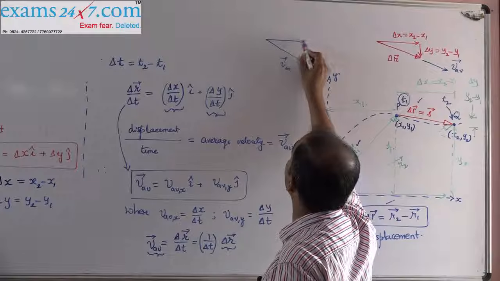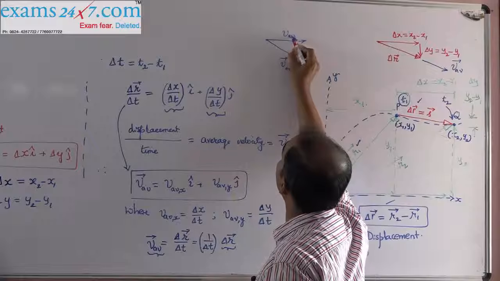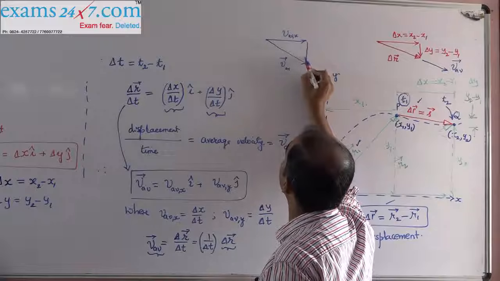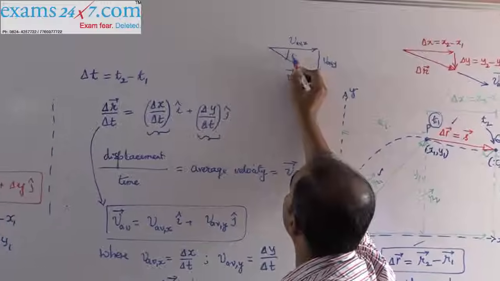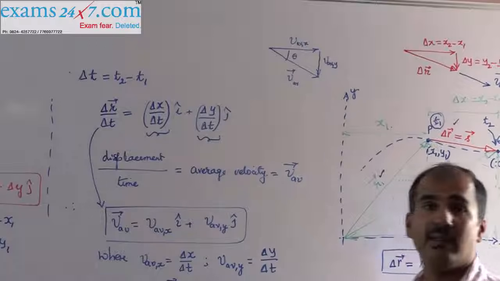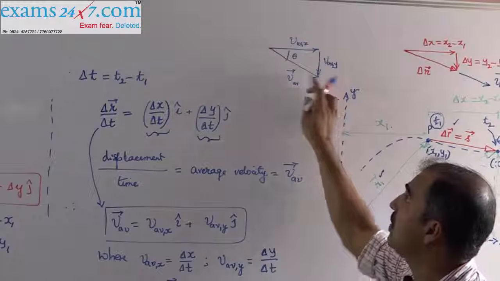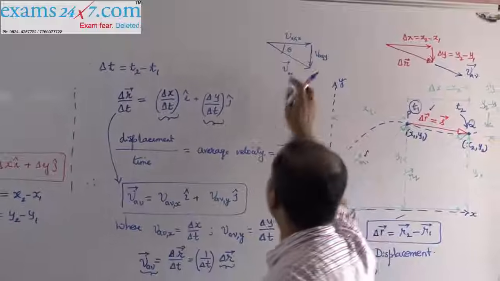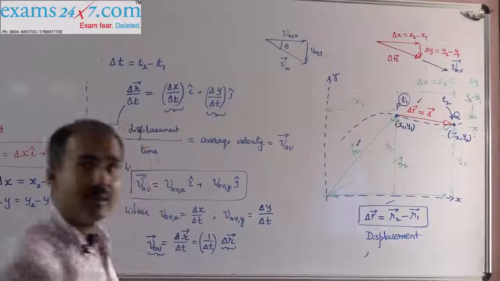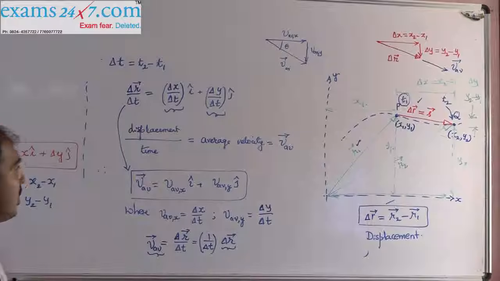Since the average velocity is in this direction, it is going to have two components. We have already seen V average X in the X direction and V average Y in the Y direction. Thereby, the average velocity makes an angle theta with the horizontal. We can easily find the angle made by it, and that angle in turn gives the direction of the average velocity.